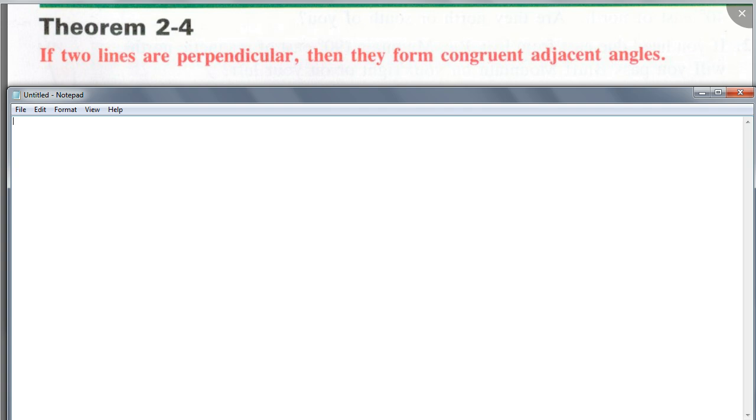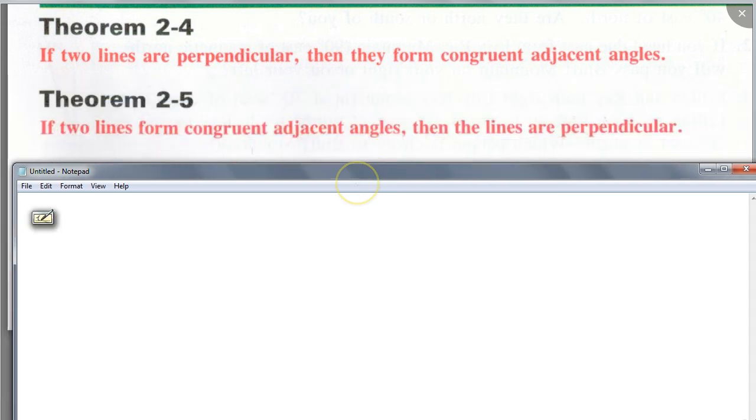But is this what this theorem is saying? No, all it's saying is that they're equal, they're congruent. Their measurement is equal. Do you see the subtle difference between the definition and the theorem? Very good. Now take a look at the next theorem. If two lines form congruent adjacent angles, then the lines are perpendicular.